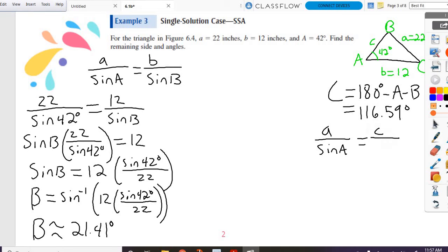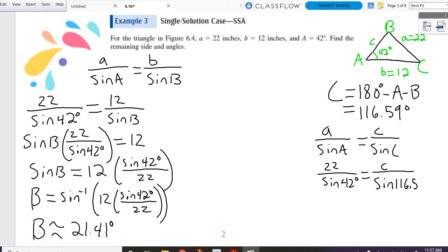So I'm going to set my A ratio equal to my C ratio. So we get 22 divided by sine of 42 degrees equals little c divided by sine of 116.59 degrees.